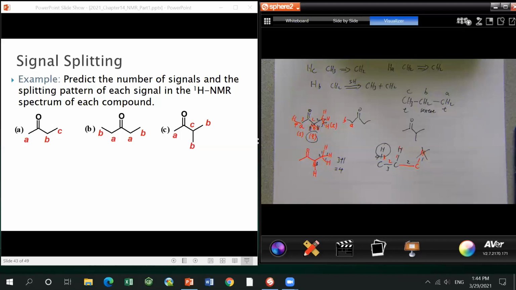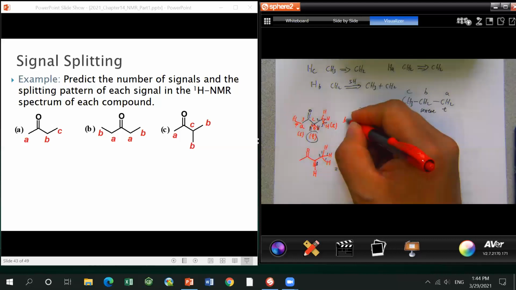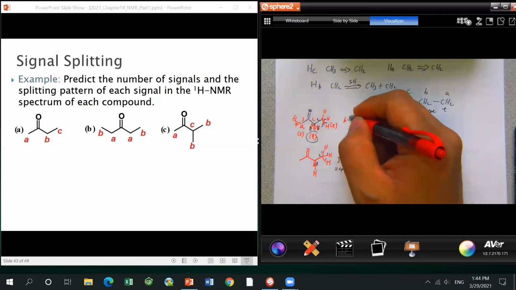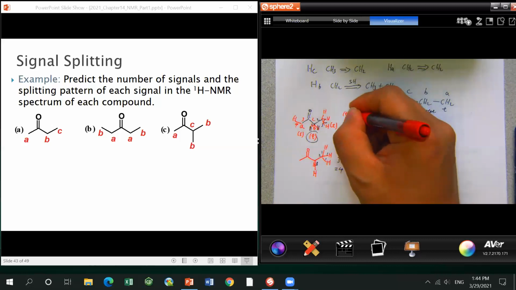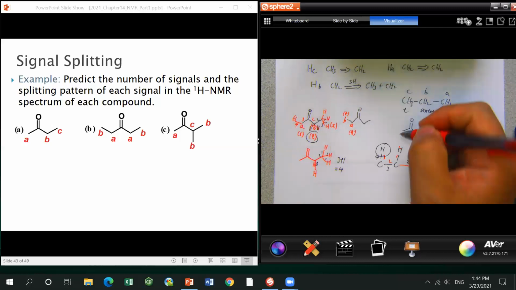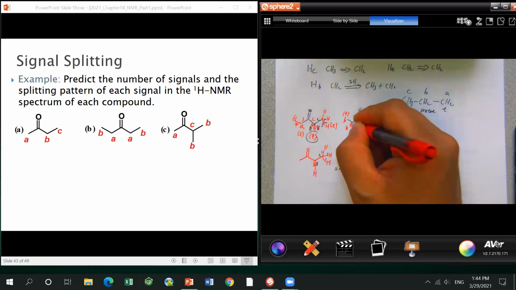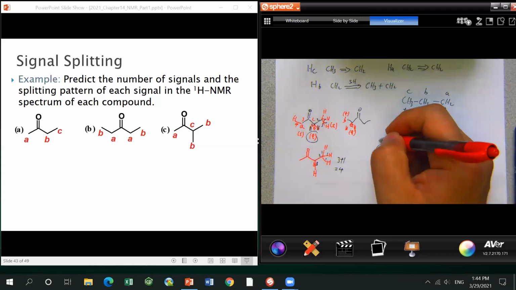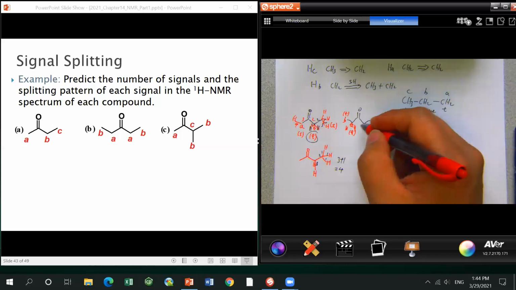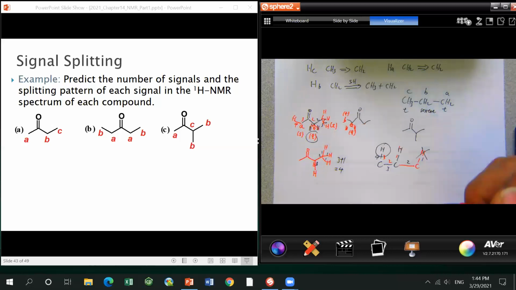That's right, A should be a quartet because it has 3 neighboring hydrogens. B should be a triplet, no sextet, because there are only 2 neighboring hydrogens, here and here. So triplet, quartet.